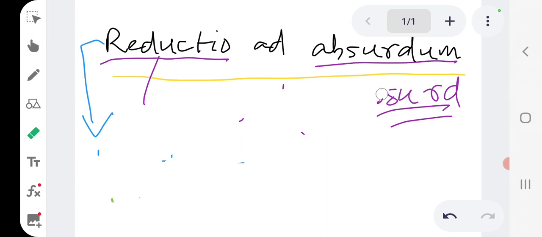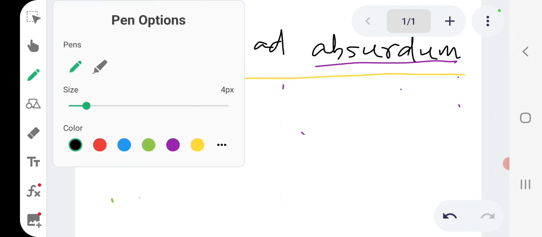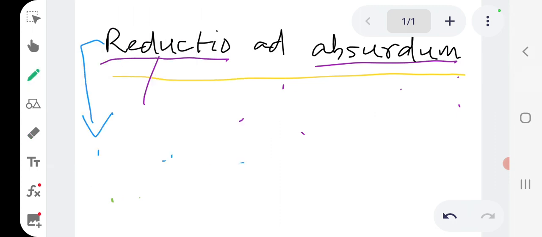So I'll just read it and we'll go through it. A method of proving. It's a method, and it can also be used as a technique. It doesn't have to be a method; method has a connotation of a bit more consistency.